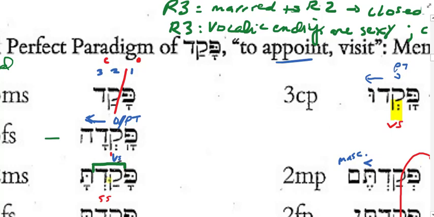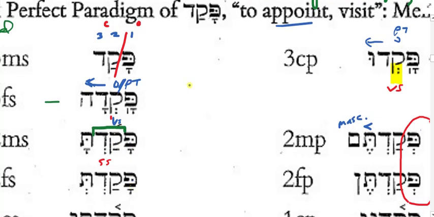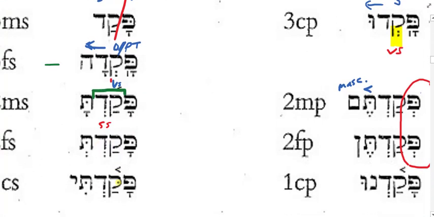See how roots 2 and 3 are still together here? Pakad-t. Root 2 and 3 are still together. And in this consonantal ending, they are still together. Okay? So you can think about your root 3 that way. When it sees a vocalic ending, it follows it. When it sees a consonantal ending, it says, you be your own syllable. All right? I'm happy hanging out with root 2 over here.